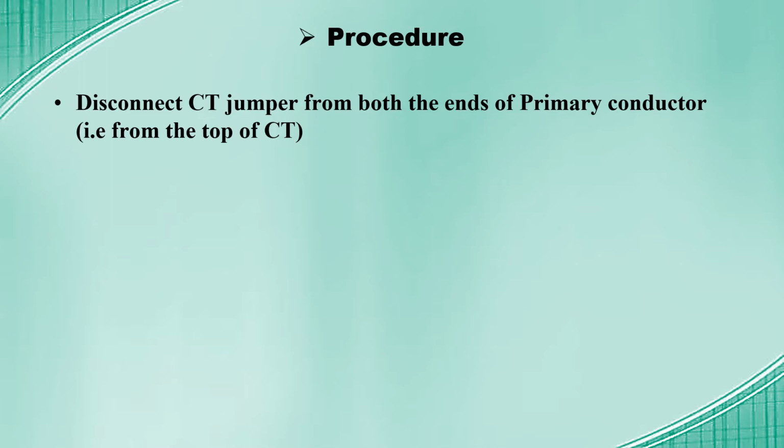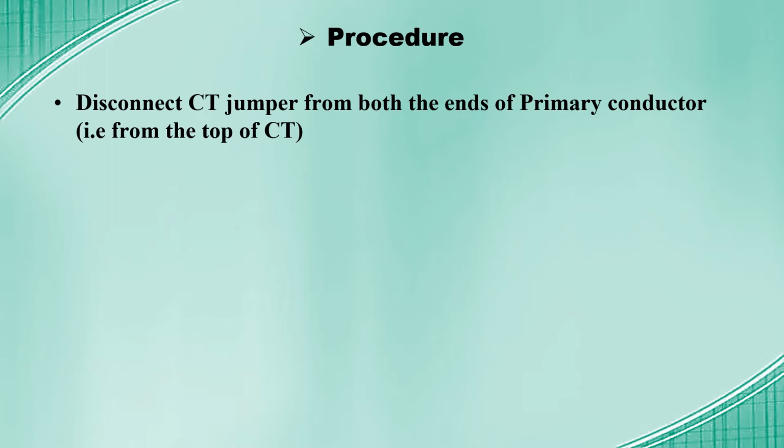Why we are disconnecting the CT jumper from both sides is because by doing so the unnecessary induction is nullified. When you are dealing with HV and EHV classes, there will be induction in the switchyard, and in order to nullify those effects in your result, you must disconnect the jumper of the CT.